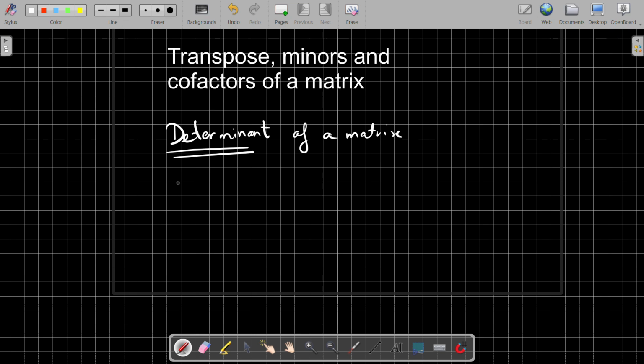If your matrix is a single element, basically just one element like this, then the determinant is the element itself.